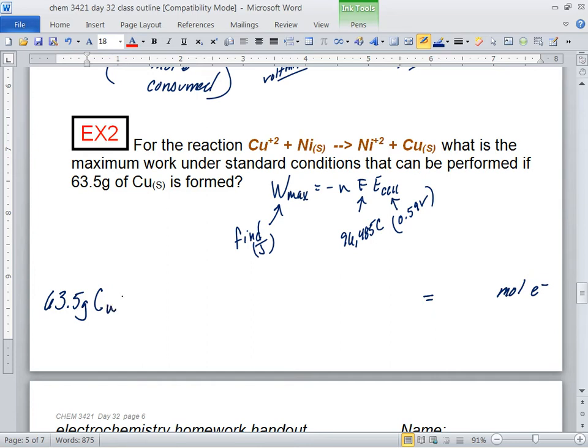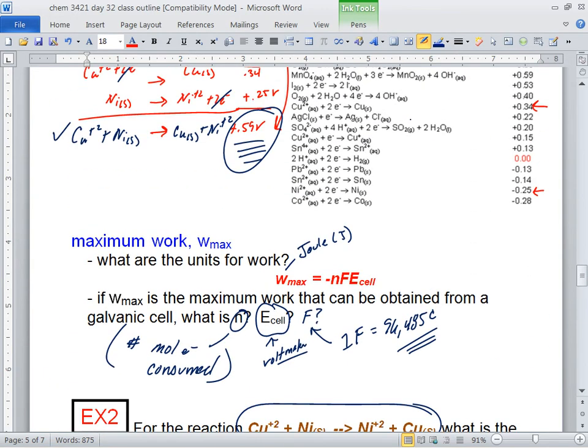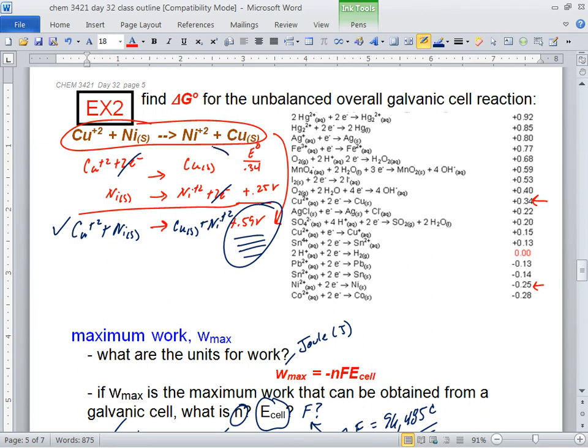What reaction do you have available that you could use? Yeah, the copper's in here, but electrons aren't. So that one's not going to be any good. The half reaction. Where'd it go? Here it is. This thing right here.